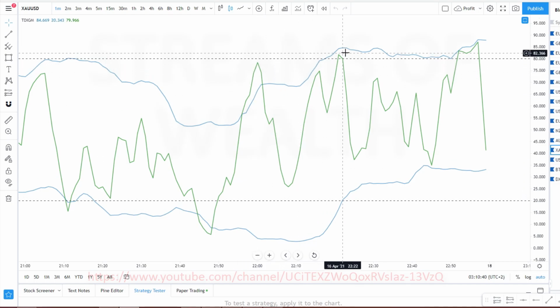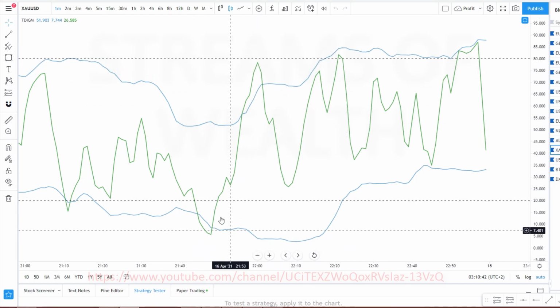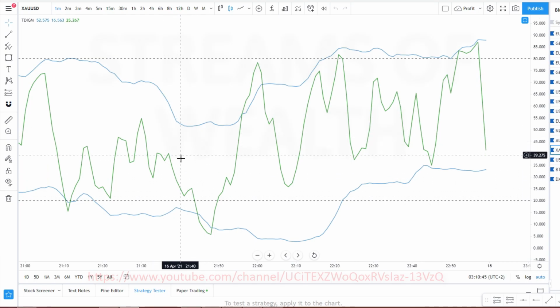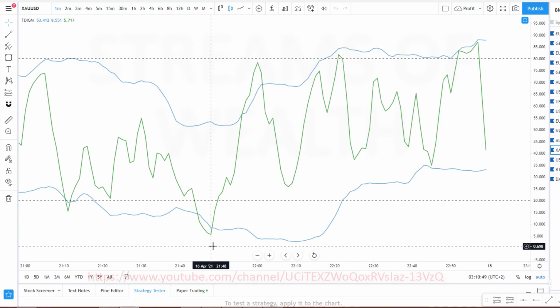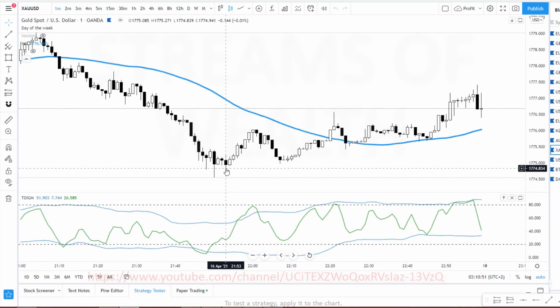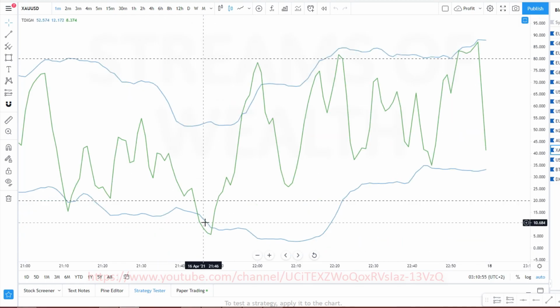So for example, this is a good example. As you can see, the price went down and now we see a strong reversal. It is also below 20, and as you can see, it went up. But this is 1 minute, so it is different on 1 hour. So this is first.